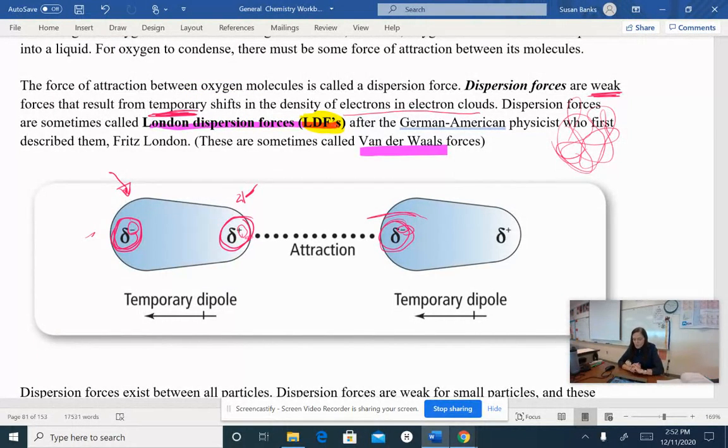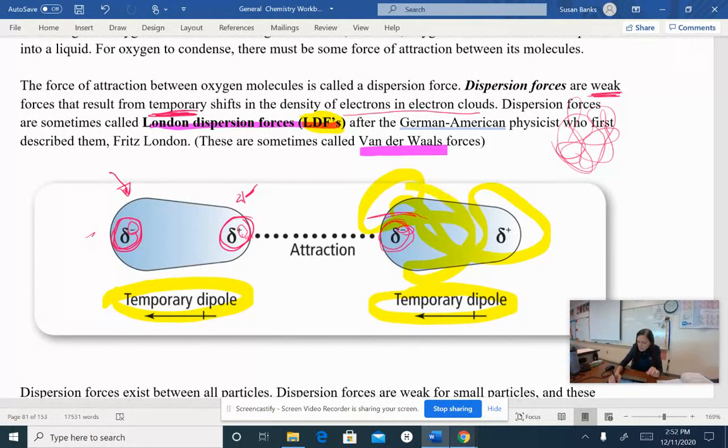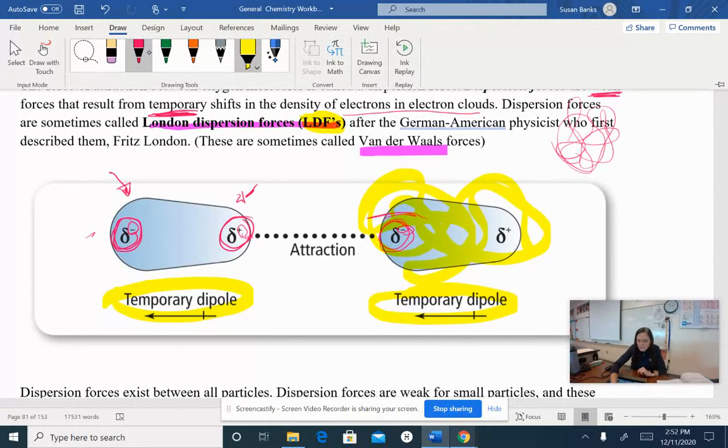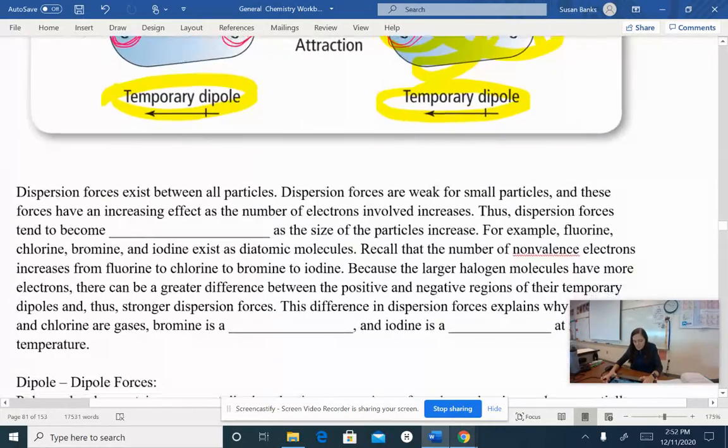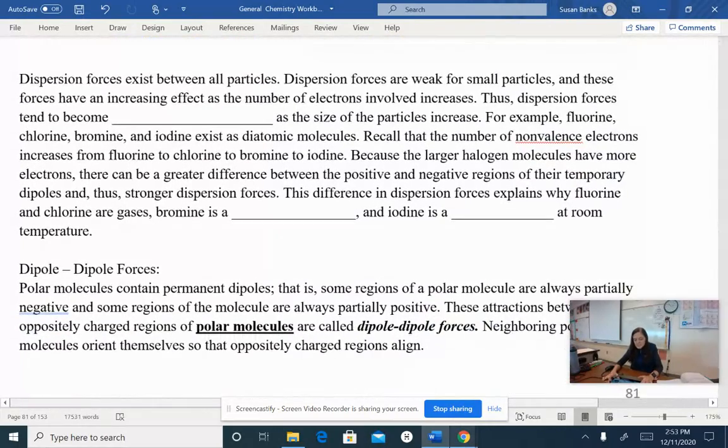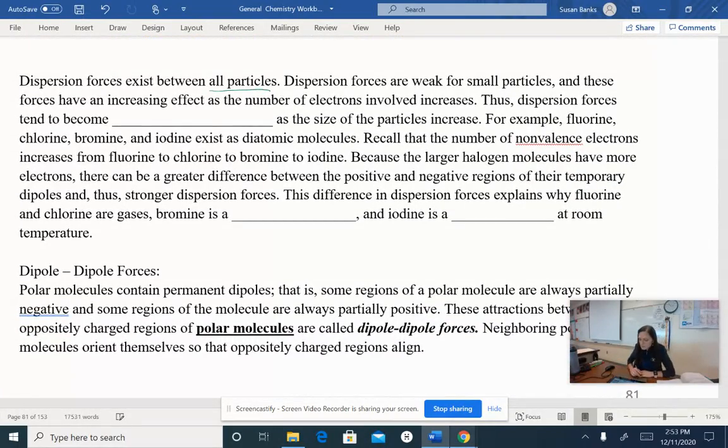And they're temporary. These poles are not permanent because the electrons are constantly moving. So these are temporary dipoles. Dispersion forces exist between all particles.